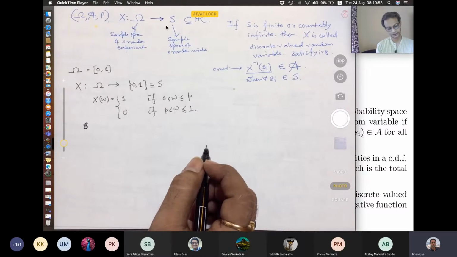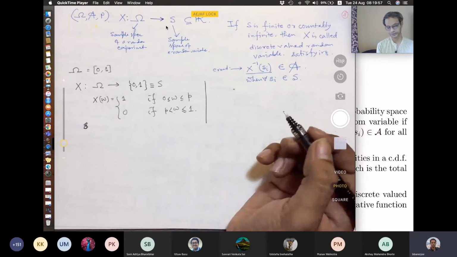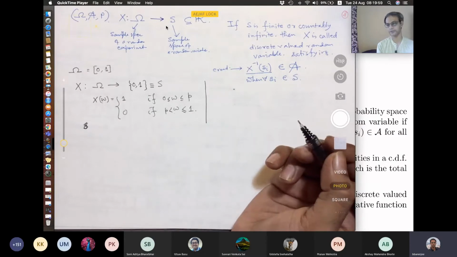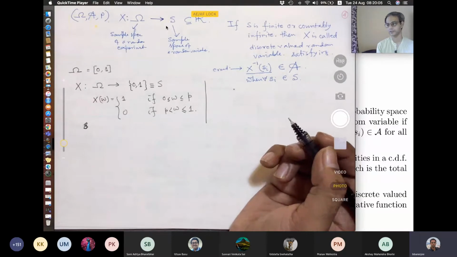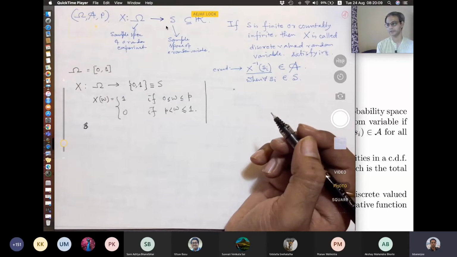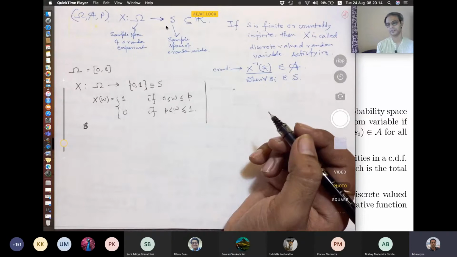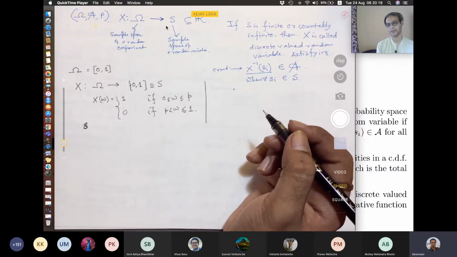And can you tell me what is the name of this random variable? I think this much familiarity you have in your 10+2 level, or if you have done probability once before. What is the name of this random variable x? It is the key thing of discrete random variable.